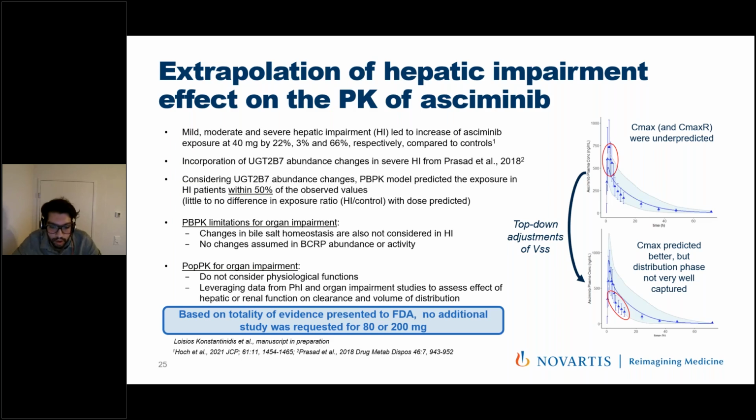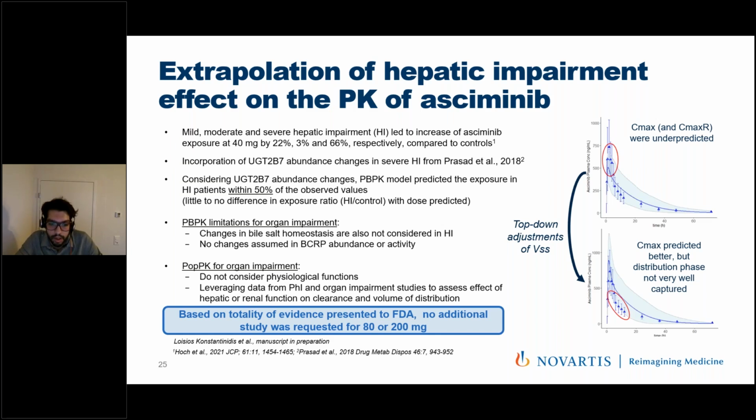And here there were also some challenges in accurately predicting the hepatic impairment effect because of the complexity of the elimination pathways involved in the metabolism of asciminib.